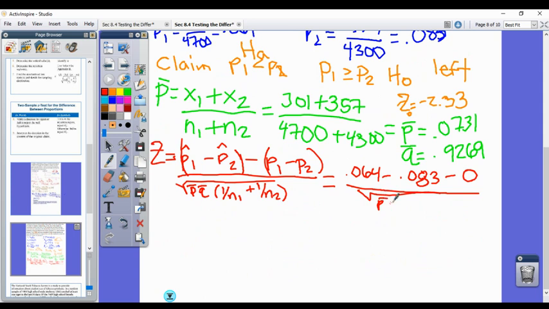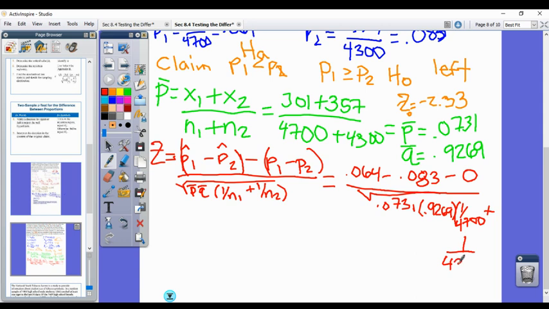P bar, oh, I should write it, shouldn't I? 0.07, that's a 7, times 0.9269, 1 over 4,700 plus, I ran out of room.